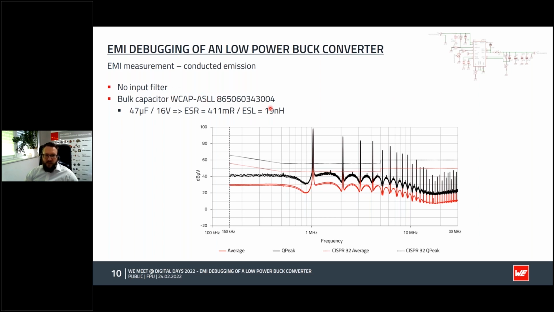The bulk capacitor is an aluminum electrolytic capacitor with 47 microfarad, 16 volt, high ESR, and ESL of around 19 nanohenry. At our switching frequency, which is the fundamental frequency, we have around 100 dBmicrovolt of noise. And of course, we are way over the limit lines here for quasi-peak and average. This is of course an issue, and we have to figure out how we can solve it.